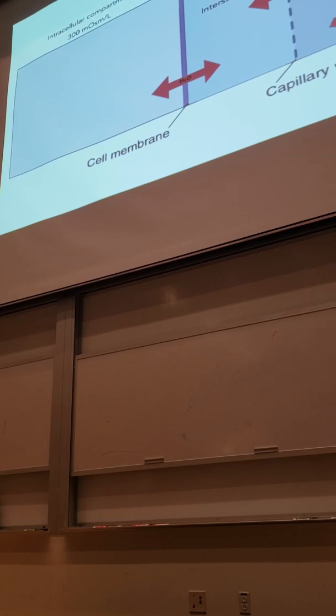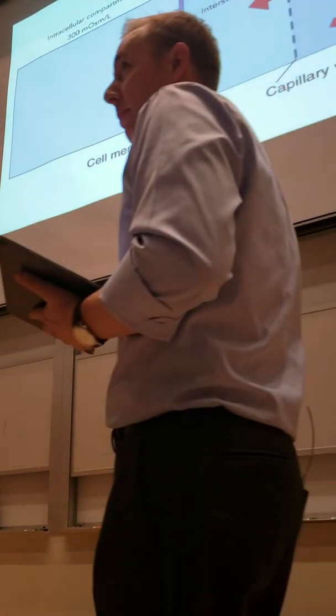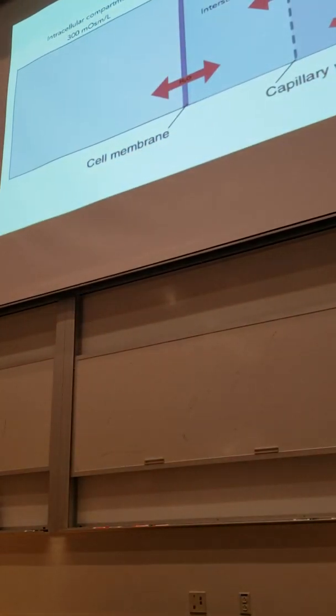Extracellular compartment. We have a cell membrane, lots of them actually, that separates this extracellular fluid from the intracellular. And this is where we have a lot of difference between the composition of those solutes, right? If you look at the top, 300 milliosmoles per liter, 300 millimolar on the left, 300 on the right, they're the same.